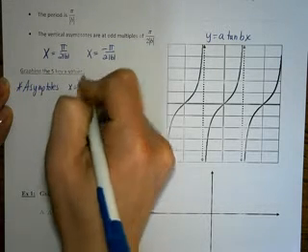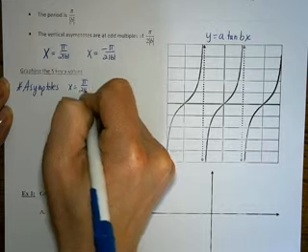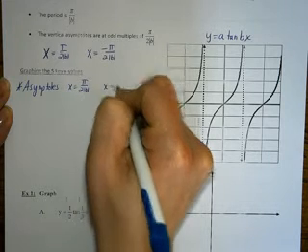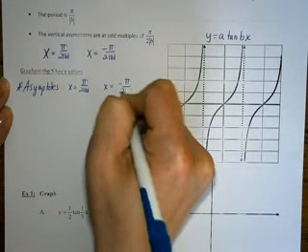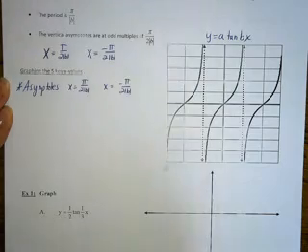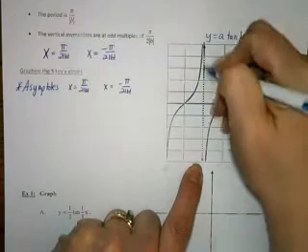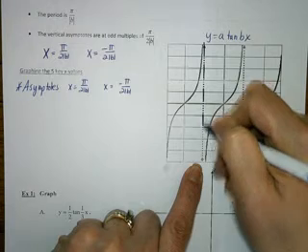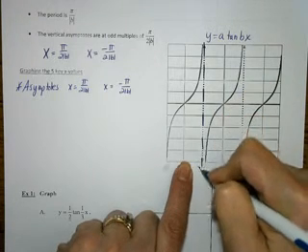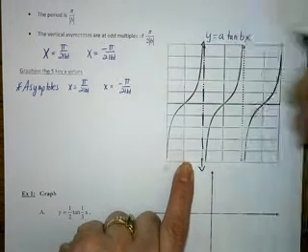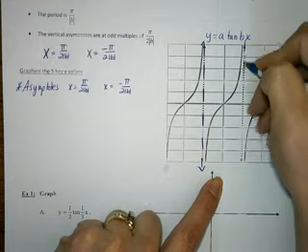At x is equal to pi over 2 absolute value b, and the second one is x is equal to negative pi over 2 absolute value b. Remember, thinking vertical, so x equals. On my graph, those asymptotes are going to be those dashed lines. My graph approaches, but never touches.